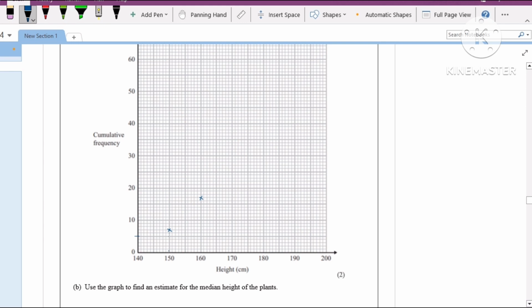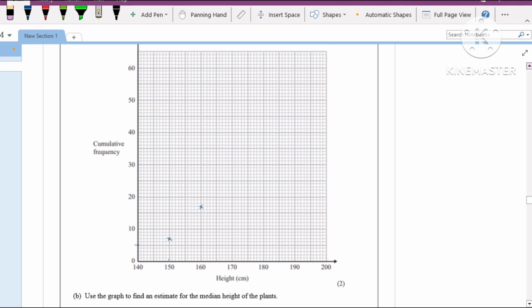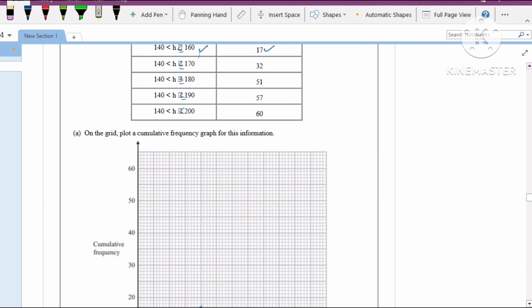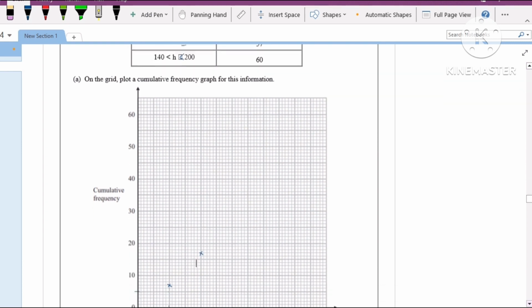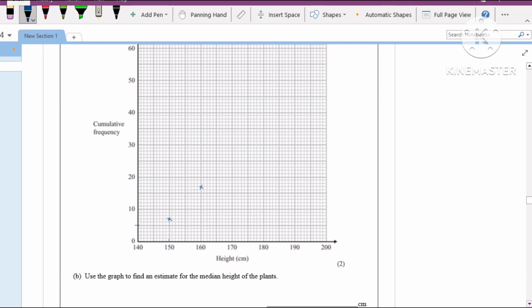The third point is at 170 and 32. This is the third point. And the same here, you will draw all the points.